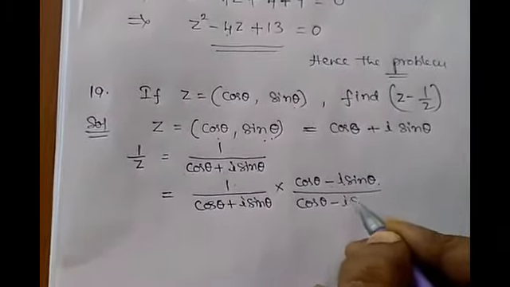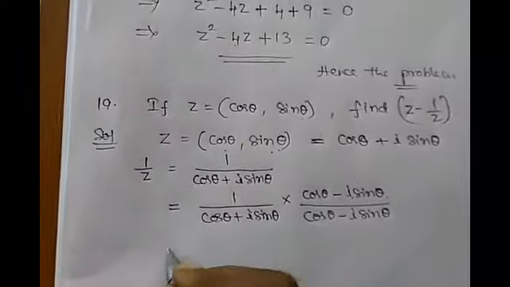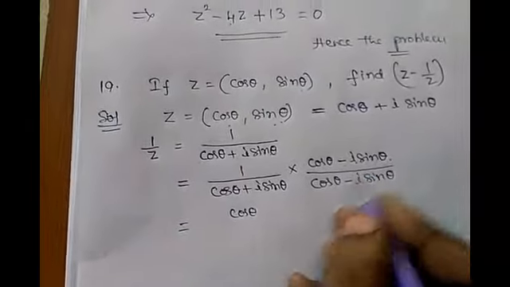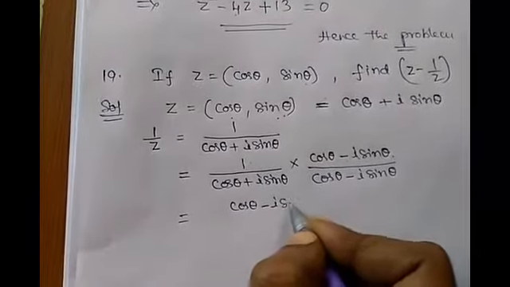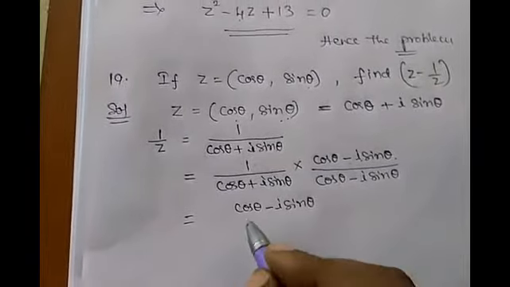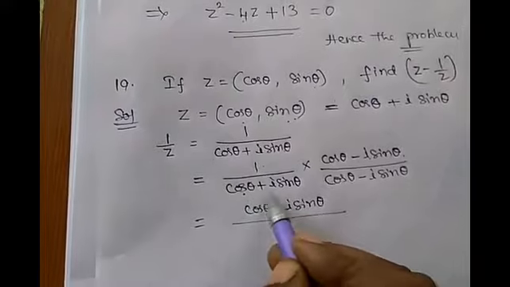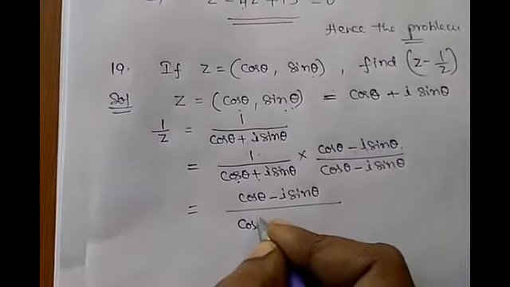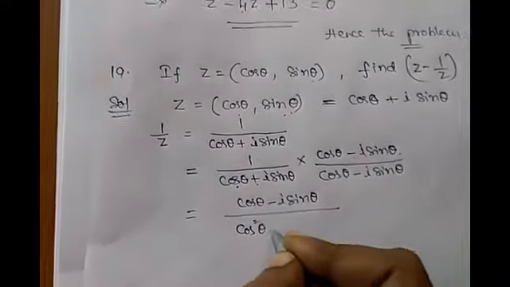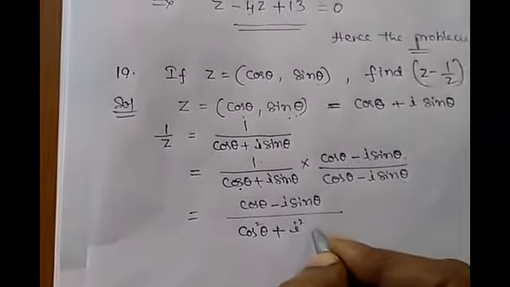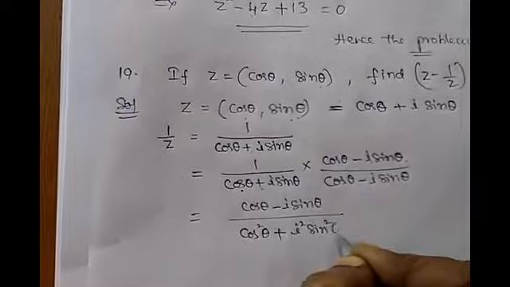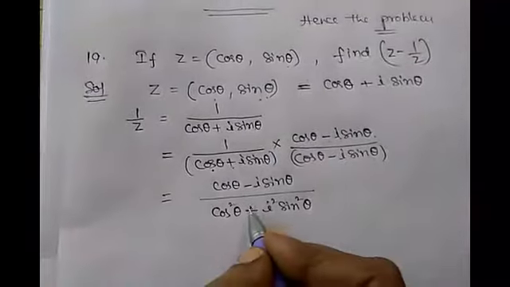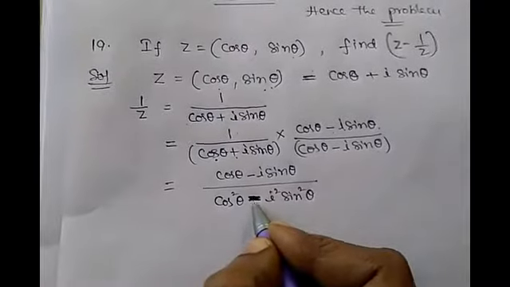That is equal to cos theta minus i sin theta in the numerator, since 1 into this gives itself, divided by (a plus b) into (a minus b), which gives a square minus b square.